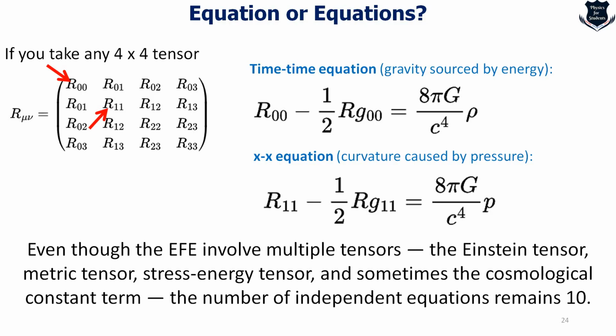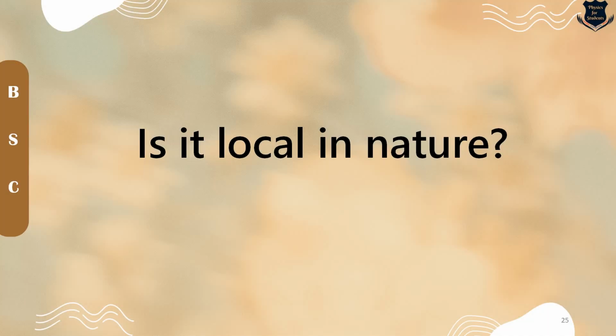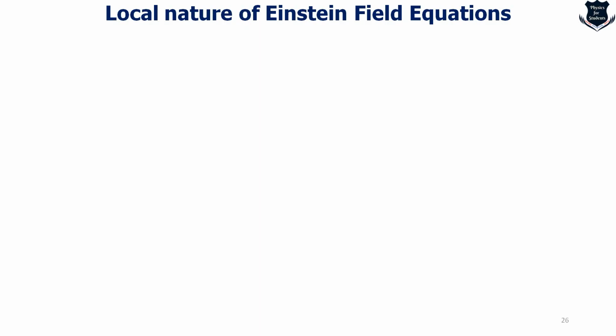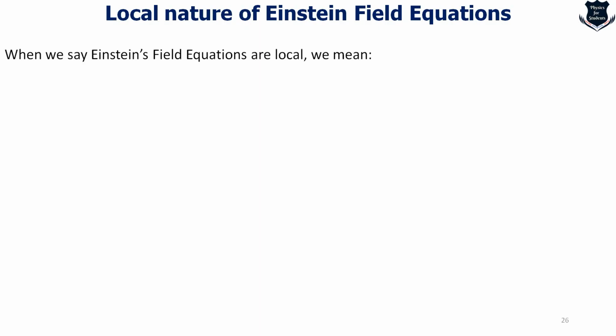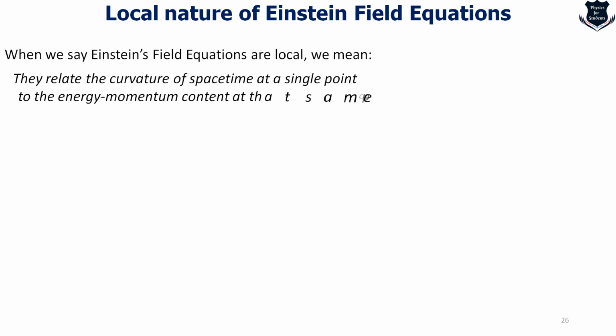Now, considering all of the equations and the space-time curvature, we have a question which is very important, central and philosophical to understand: are the Einstein field equations local in nature? What do I mean by local in nature? When we say Einstein field equations are local, we are trying to tell that they relate to the curvature at one single point.